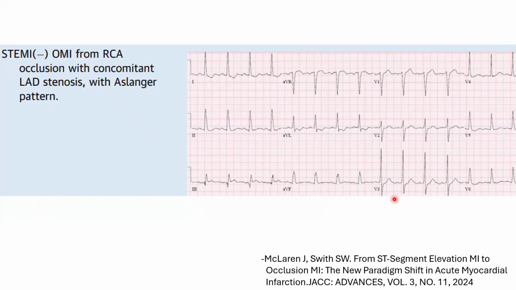However, this is the pattern that to me is the weakest in terms of suggesting occlusive MI, because the concern is that many of these patients rather have acute subendocardial ischemia from left main or LAD disease, along with CTO of the RCA or left circumflex, not acute occlusion. The CTO of the RCA receives collaterals from the LAD.